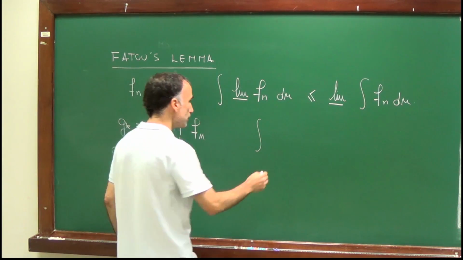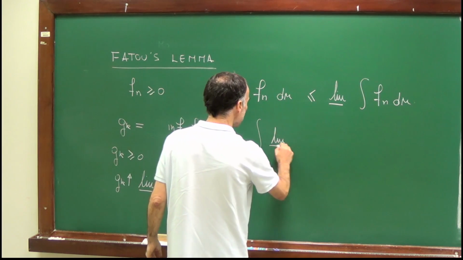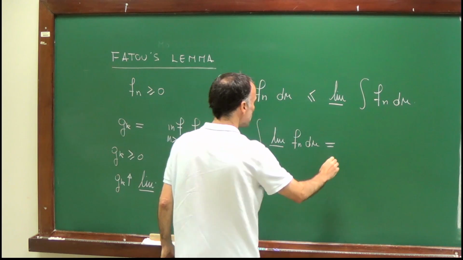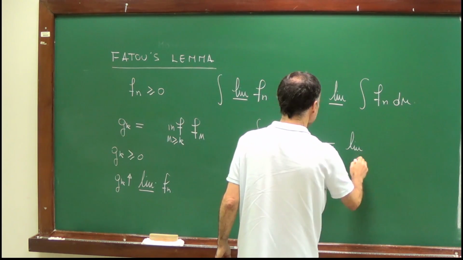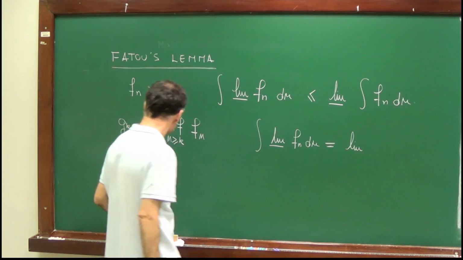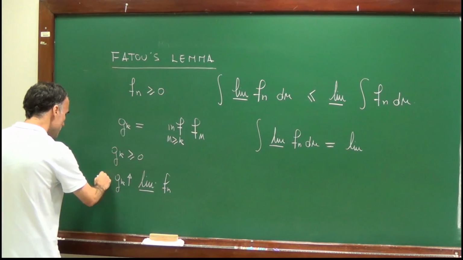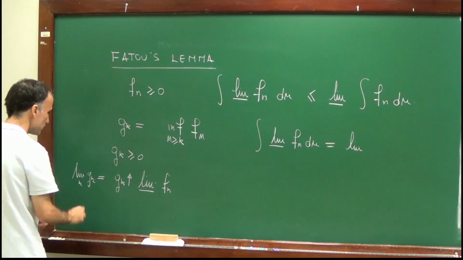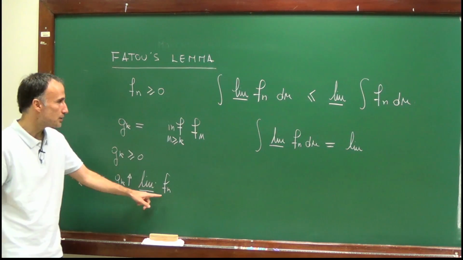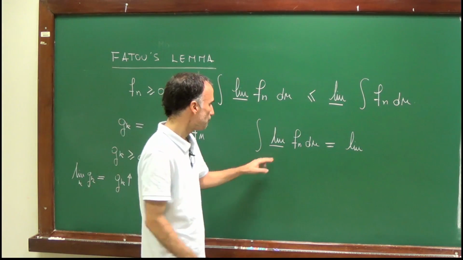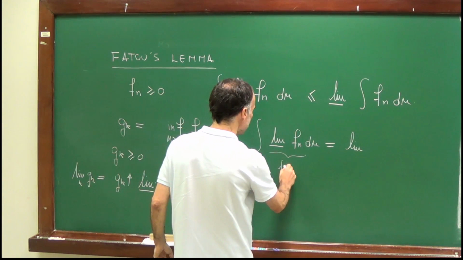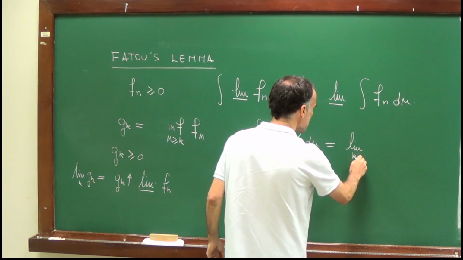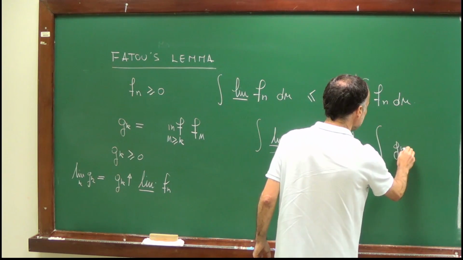It tells us that the integral of the limit of this sequence, which is the limit inf of fn d mu, is equal to the limit of the integrals of gk d mu.